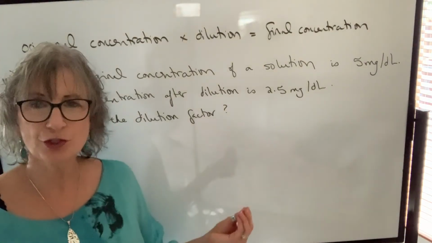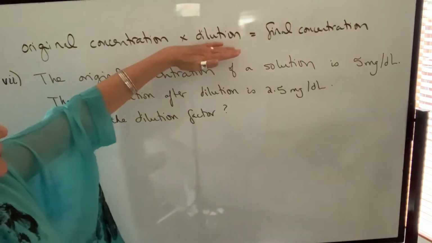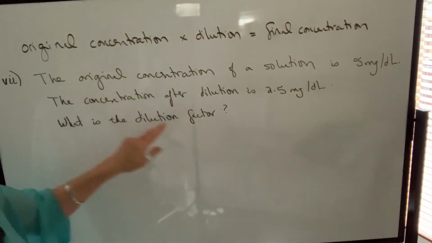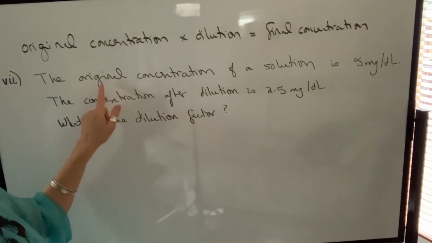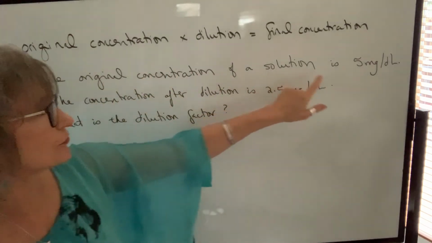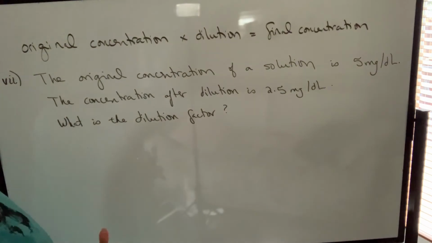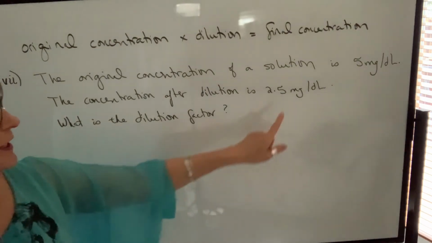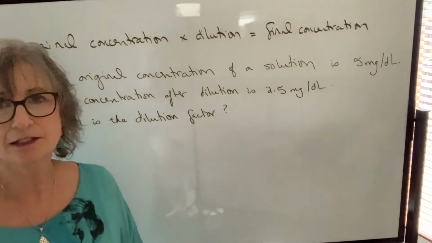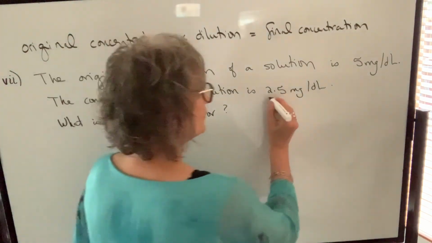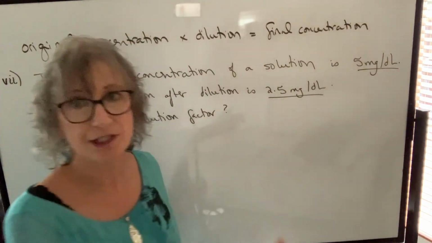One other question you might be asked involving this equation is, what is the dilution factor? So for example, if you were told the original concentration of a solution is 5 milligrams per deciliter, and the final concentration, so after the dilution, is 2.5 milligrams per deciliter. Notice these have to be in the very same units in order to compare them.